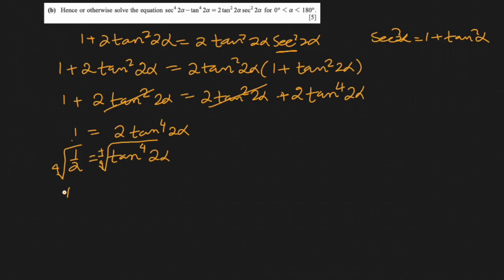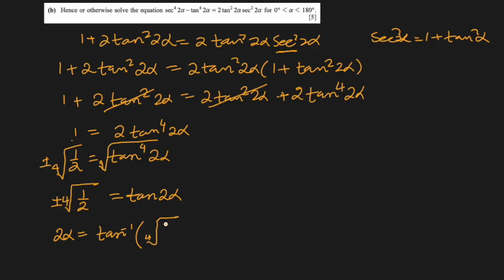So positive and negative fourth root of 1 over 2 equal to tan 2 alpha. So 2 alpha becomes tan inverse of fourth root of 1 over 2, and I have not written plus or minus in this case.